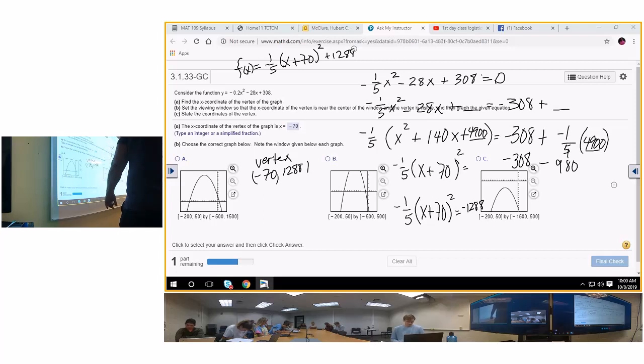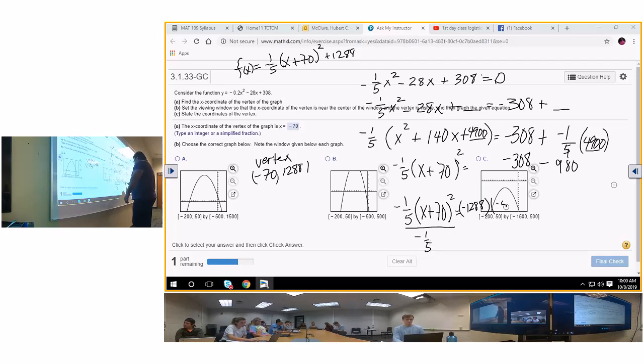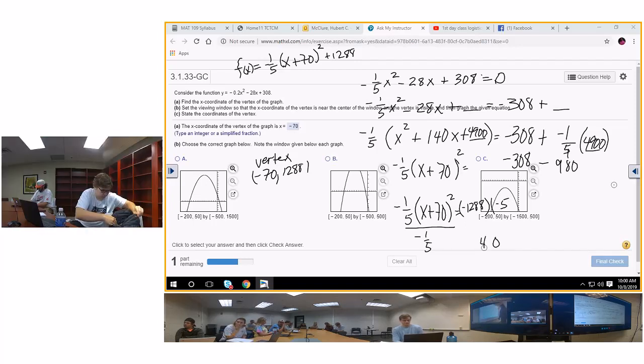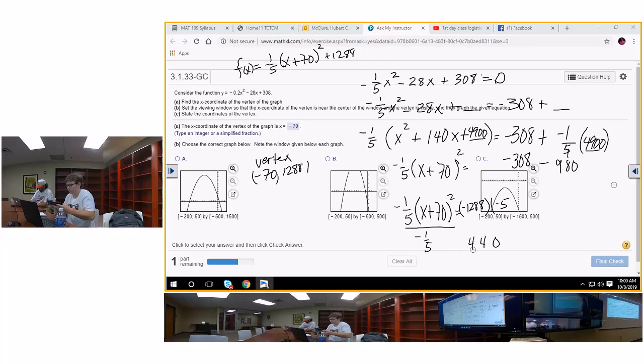And with y'all's help, slowly, hopefully that's correct. All right, if I divide by -1/5, I multiply by what? -5. Now somebody's going to say that'd be 4, 9.